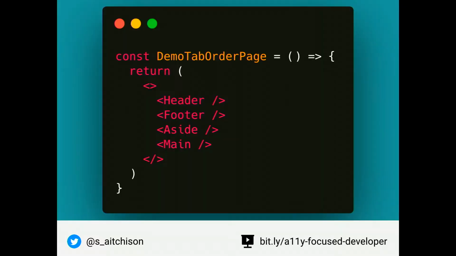And the reason it does that is because I coded it that way. So I literally declared the header first, then the footer, then the aside, then the main. It's a very simplistic example, but the point I'm trying to make is that the order you declare your JSX matters, even if visually it looks okay.